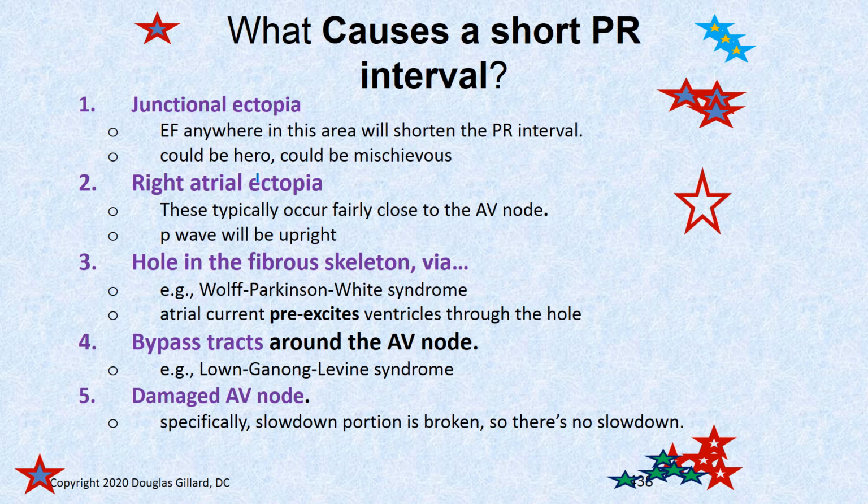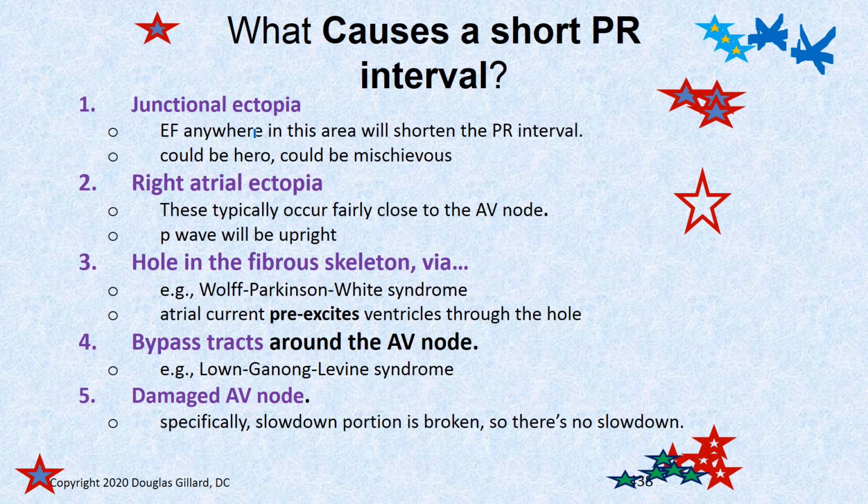Shortened PR interval. I like this slide, lots of stars. What can shorten it? All of the following can shorten the PR interval except blank. Junctional tachycardia definitely shortens the PR interval because the ectopic focus is in the junctional region, so you basically bypass the slowdown portion of the AV node.